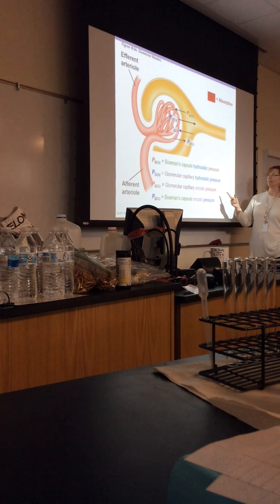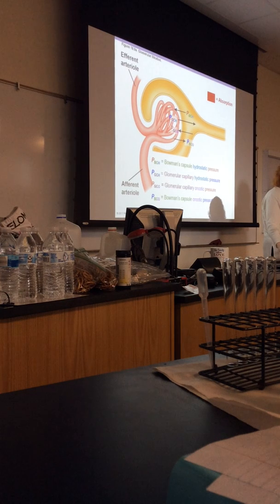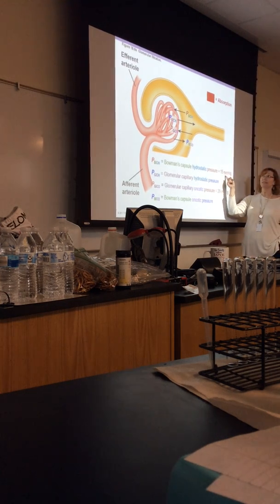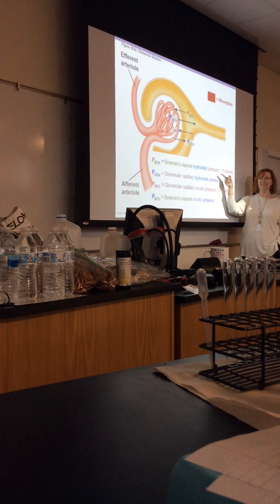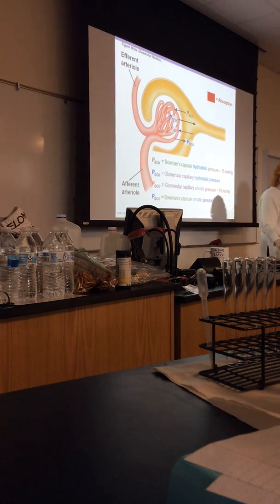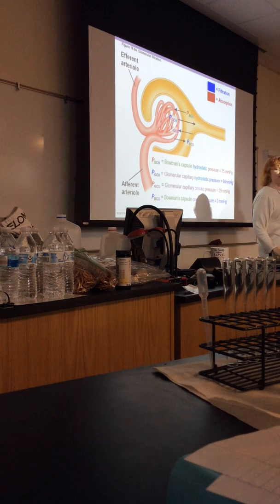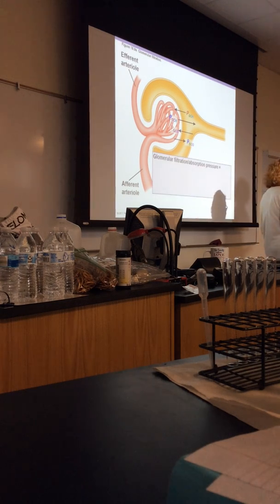Absorption, Bowman's capsule hydrostatic and capillary oncotic. 15 to move from Bowman's capsule into capillary, 29 to move from Bowman's capsule into capillary, and of course, how do we figure out what happens? We look at the sum, right? So we're going to take this information now, and we're going to turn it into everybody's favorite. We're going to turn it into some math.